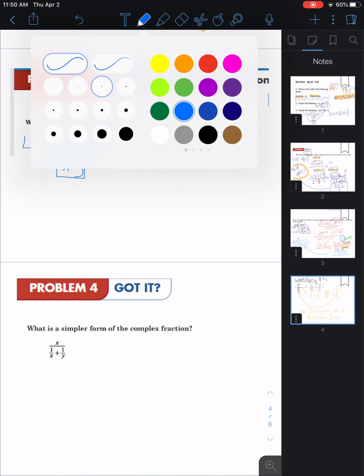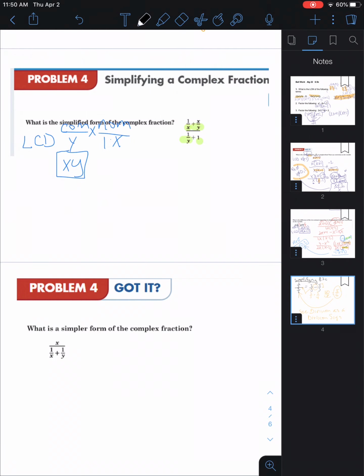I'm going to switch back to black. And I'm going to start with my expression as 1 over x plus x over y. Notice I'm spacing it out a little bit. Divided by 1 over y plus 1. And I'm going to multiply, now I'll go back to the blue, by xy on each of these terms.